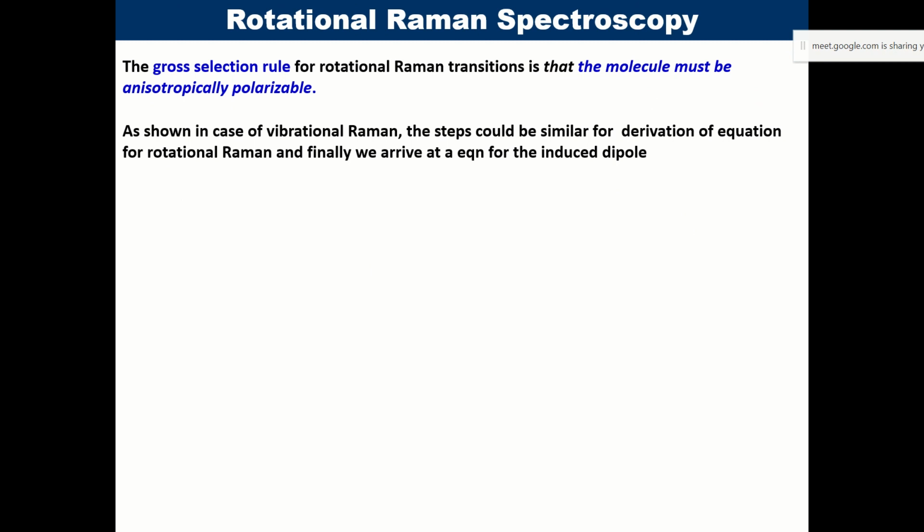Now, so it was all about vibrations. We had focused our discussion so far only on vibration. Now we move to the other part, that is rotational spectroscopy. तो जैसे H2 मॉलिक्यूल रोटेट कर रहा है, N2 रोटेट कर रहा है, तो you cannot have any idea about that rotation through microwave spectroscopy, right?